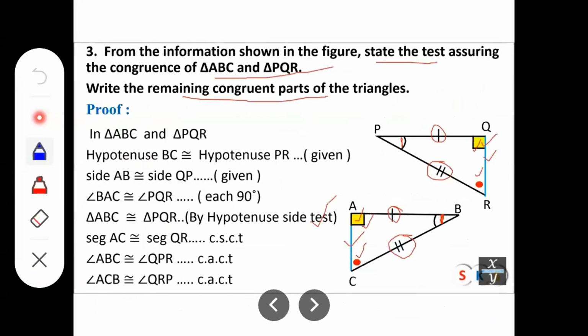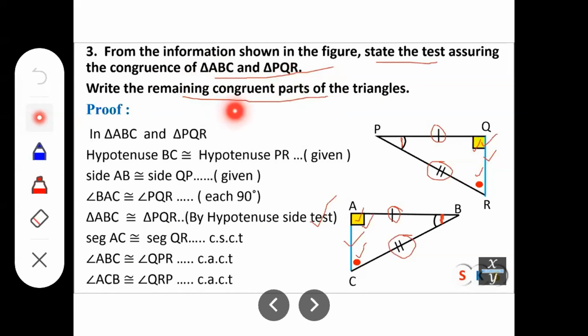Now see another example, example number 3. Here we have to prove. See the example. From the information shown in the figure, state the test assuring the congruence of triangle ABC and triangle PQR. Here you can see triangle ABC and triangle PQR.